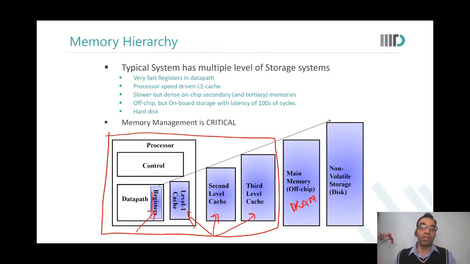It would take hundreds of cycles to access a DRAM from a chip. So how you size these memories and how you organize this architecture is critical. And you look into quite a bit of it, I hope, in detail in the computer architecture course.